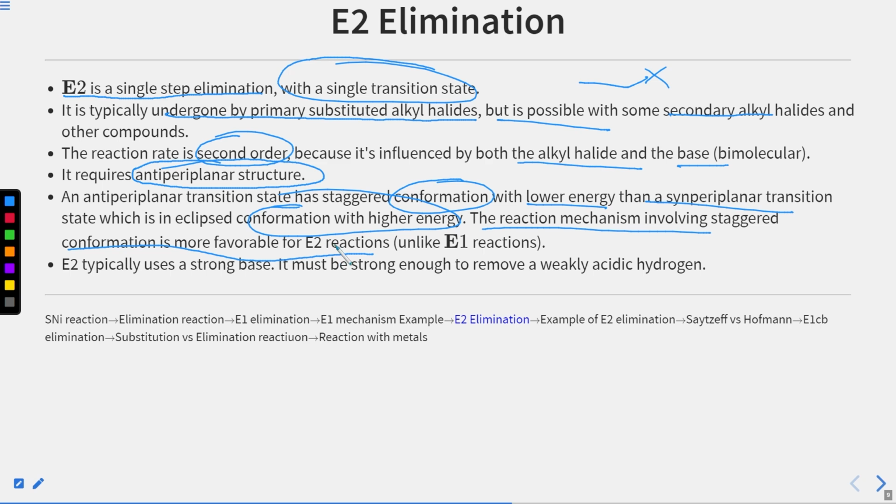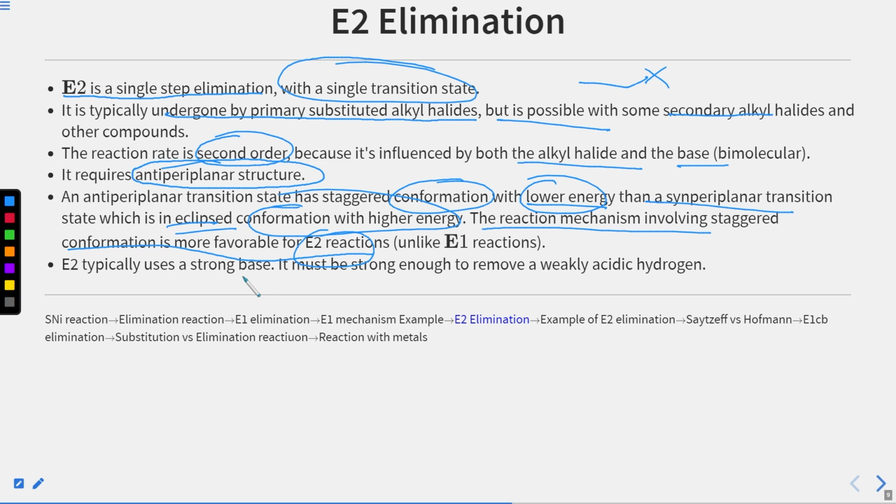So anti-periplanar is the staggered configuration, and we'll see what anti-periplanar is. It should have a staggered configuration, which will have a lower energy. But if it is syn periplanar, then it will have a higher energy because there will be eclipsing. The reaction mechanism involves the staggered configuration, and it is more favorable for this E2 elimination.